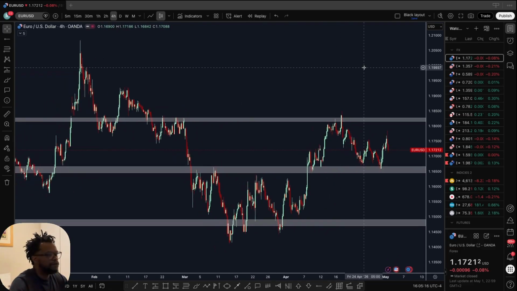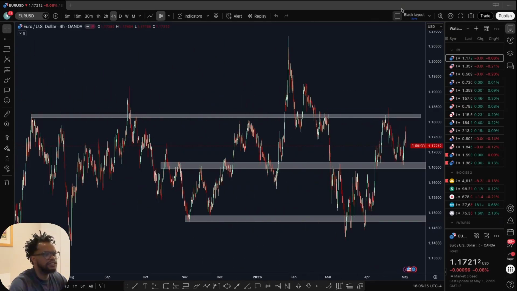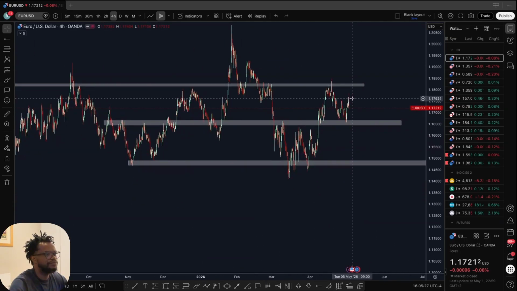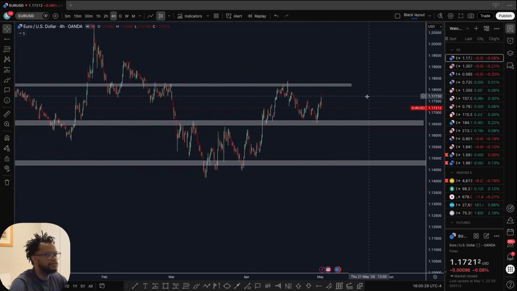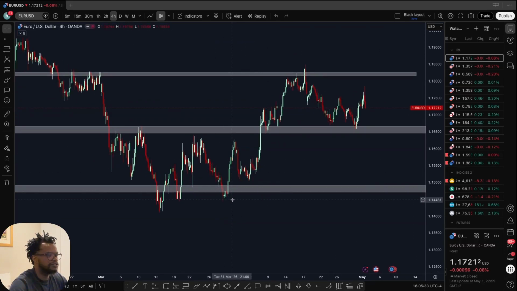So going into euro dollar, I'm just gonna stay on the 4 hour. What are we seeing? Obviously we are technically, let me zoom out, technically bullish because of basic market structure. We created a low, failed to break a high, created a new low, broke the high over here, and this is our new low.